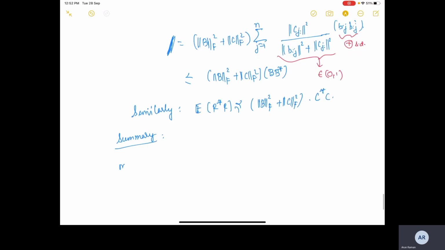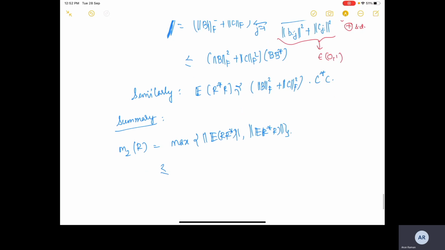Okay. So now when we combine those two things, we wanted the second bound on the second moment. The bound on the second moment was the expected value of R star R. Next we just substitute the value of the bounds.